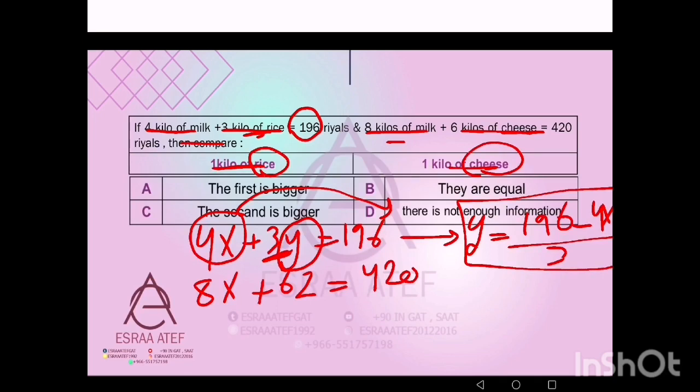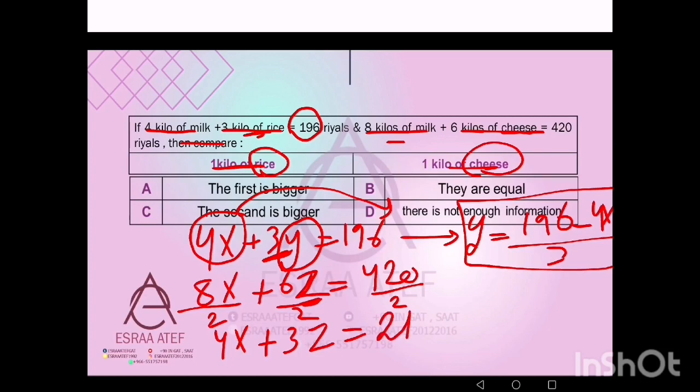Okay, here how can we get the value of the cheese? First we will simplify it by dividing by 2. So if I divide here by 2 and here by 2 and here by 2, 8 over 2 will be 4x plus, and here it will be 3z equals 210. Yes, so if we add 4 of x's, 4 of milk, plus 3 of cheese, it gives me 210.